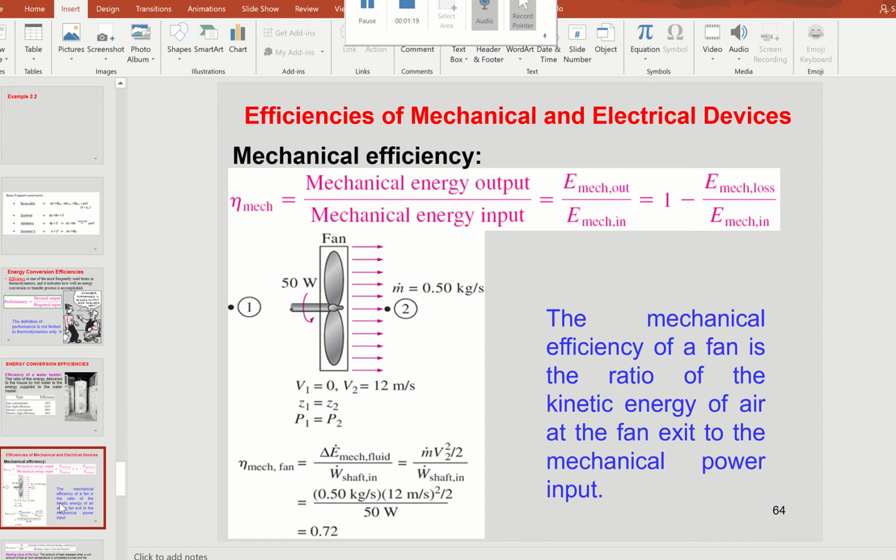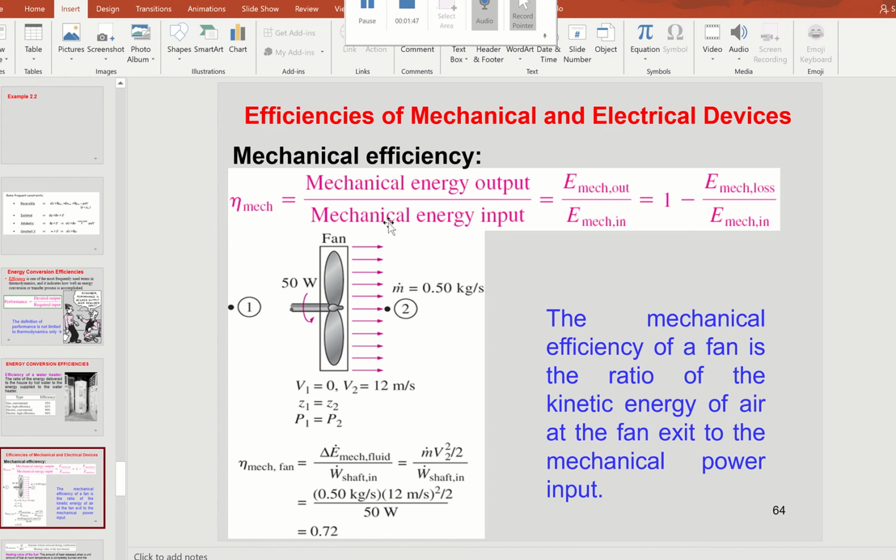So then there will be efficiency there. Another example is an electric fan that's 50 watts, and it outputs a mass flow rate of 0.5 kilogram per second, with velocity changing from nothing at the beginning to a turning speed of 12 meters per second. So that's a kinetic energy increase, and that's what you desire, right?